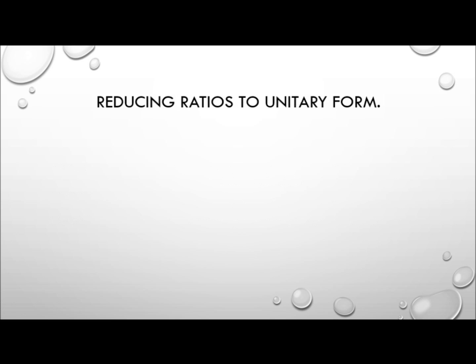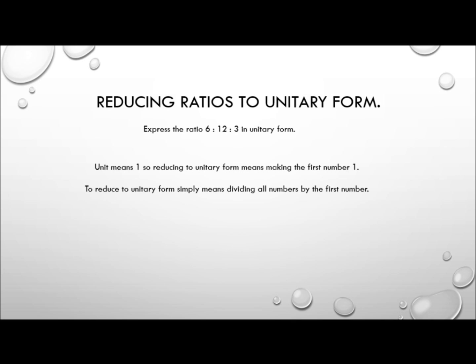We can also reduce ratios into unitary form. Now, if we take a ratio, for example, 6 to 12 to 3, and we want to put that in unitary form, we have to remember that unit means 1, so reducing to unitary form means making the first number 1. So to reduce a ratio to unitary form, we simply divide all the numbers in the ratio by the first number.